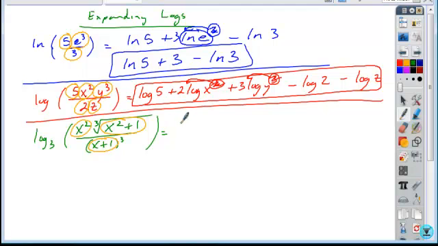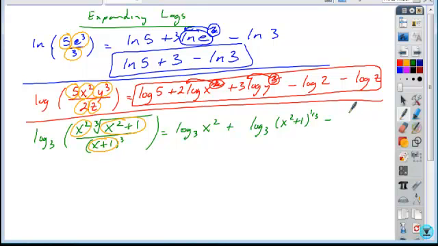Each one will be the original log base 3. So our x squared is a factor in the numerator, so we'll write that there. The next base, log 3 of the quantity x squared plus 1. If we use the rational power form for the cube root, again it's 1/3. And then our final base is x plus 1.